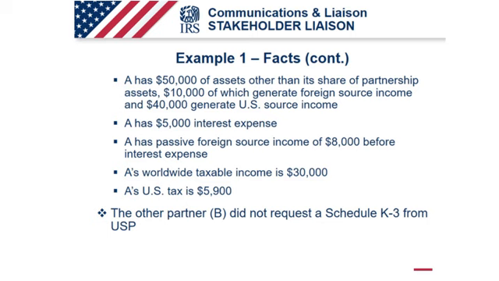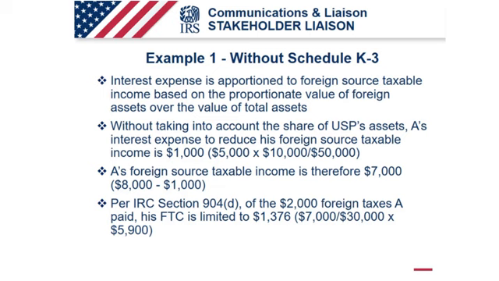But because A is claiming the foreign tax credit on the Form 1116, partner A should request the K-3 to be assured that he's claiming the correct amount of foreign tax credit and is maximizing the amount of foreign tax credit. We'll see the results on the next slides of how that's calculated with and without the Schedule K-3 information.